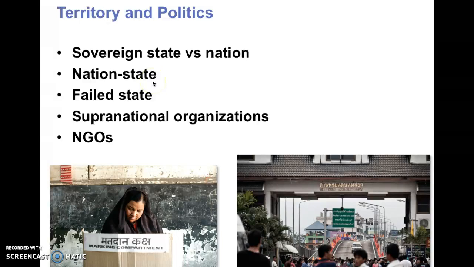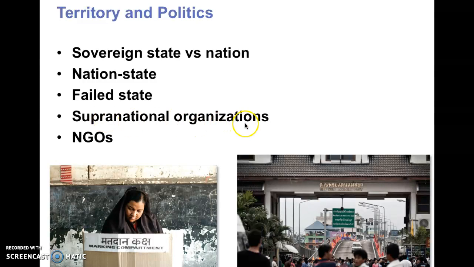Nation states, those are relatively new phenomena. I mean, 19th century. There's some talk about globalization and neoliberalism eliminating nation states. Failed states, plenty of those around.